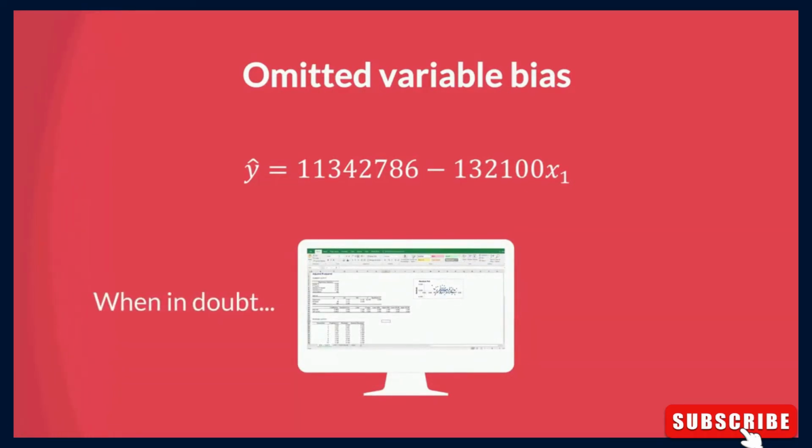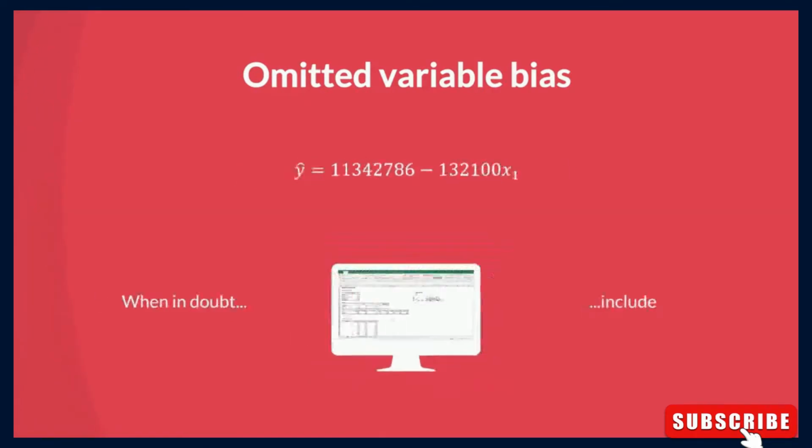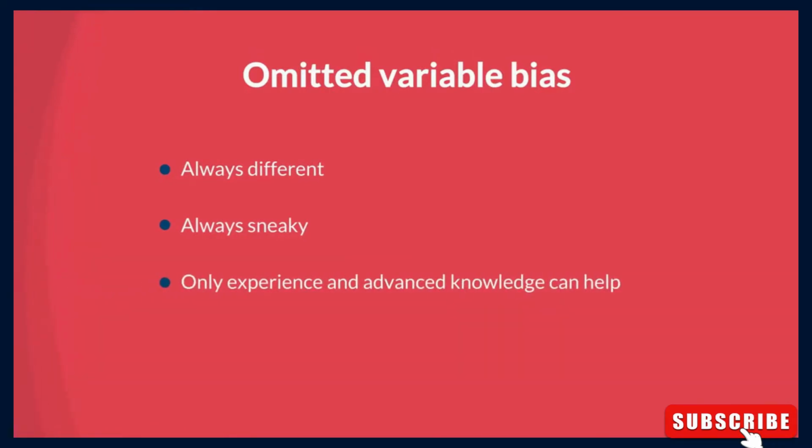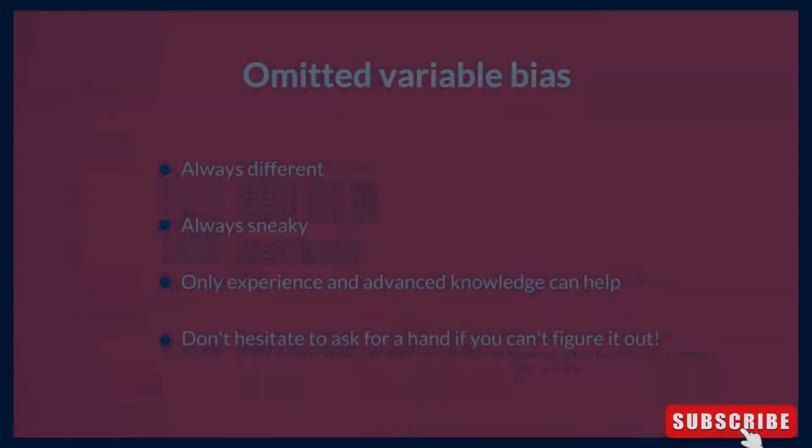So, when in doubt, just include the variables and try your luck. What's the bottom line? Omitted variable bias is a pain in the neck. It is always different, always sneaky, and only experience and advanced knowledge on the subject can help. Always check for it, and if you can't think of anything, ask a colleague for assistance.